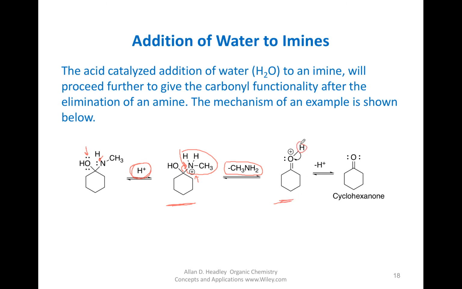A loss of this proton gives us a neutral product here, which of course is a ketone, a cyclohexanone. So as you can see, we can go from the initial addition of water to an imine to form this product, and it can go on to form the cyclohexanone or the ketone.